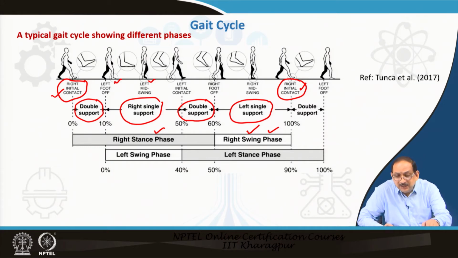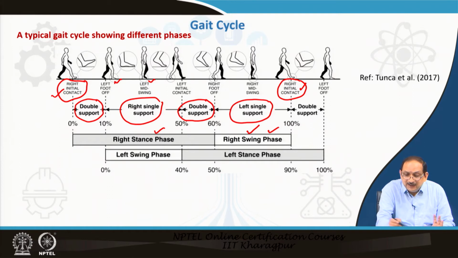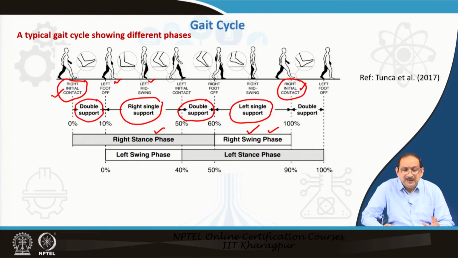So, the initial and final position of the right leg coming in contact with the ground is the heel strike position, and this entire period of movement of the right leg can be defined as the gait cycle, the full complete gait cycle.